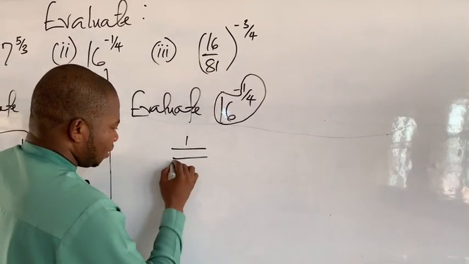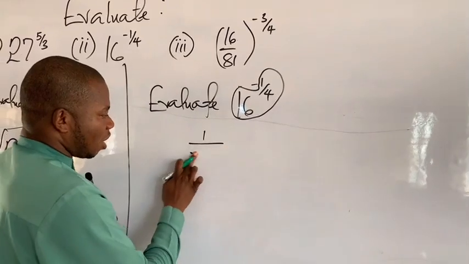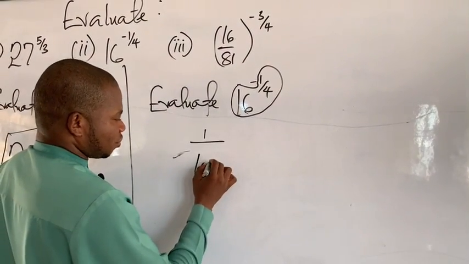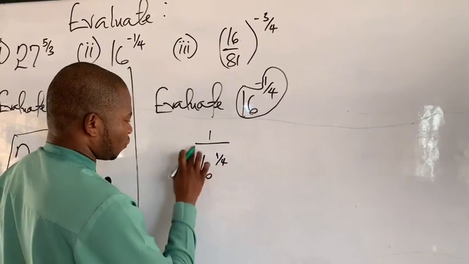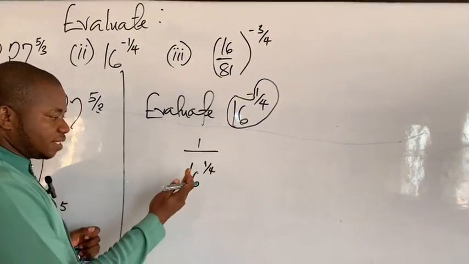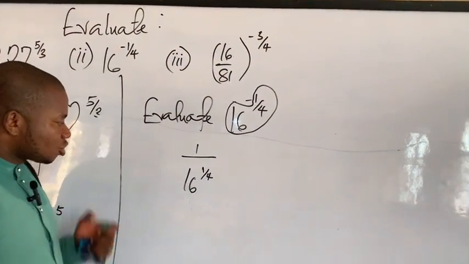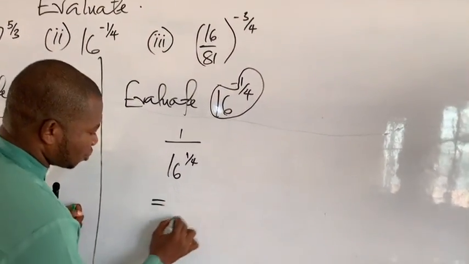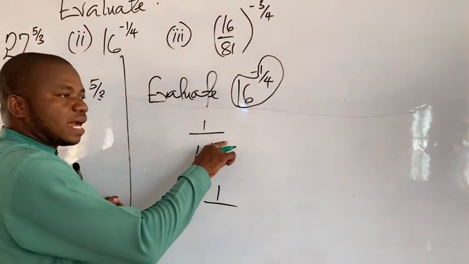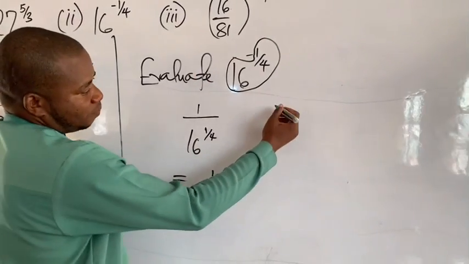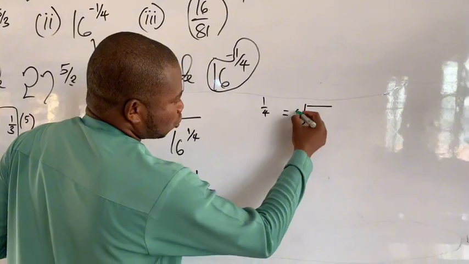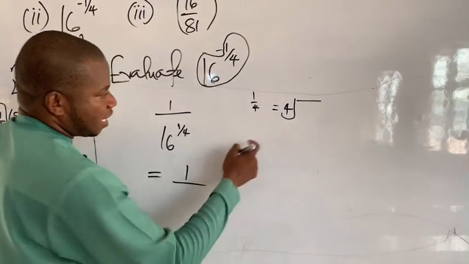So in that case I will be left with 1 over 16 raised to power 1/4. I wanted to solve it straight away, but let me just break it down. Remember when I said when you are given a power like 1/4, it means fourth root. Power 1/4 is the same thing as fourth root.